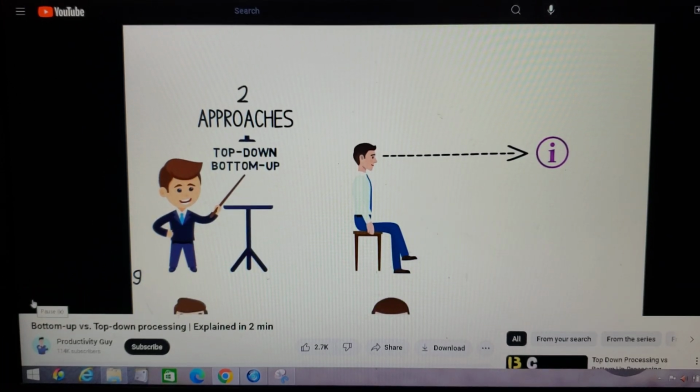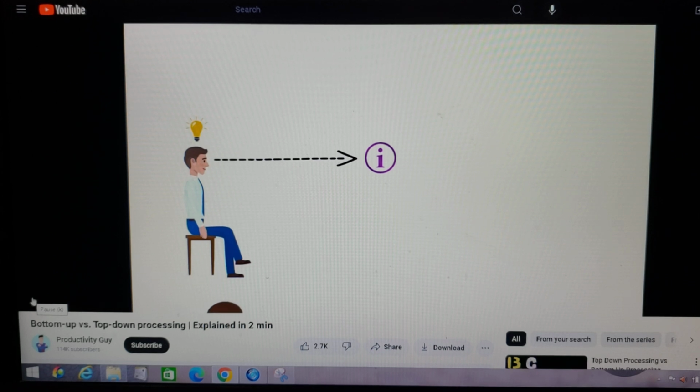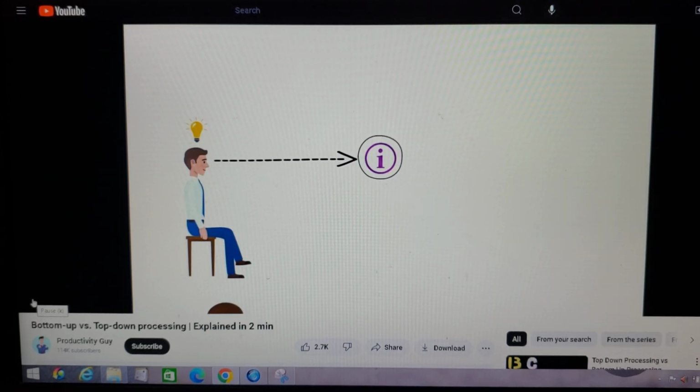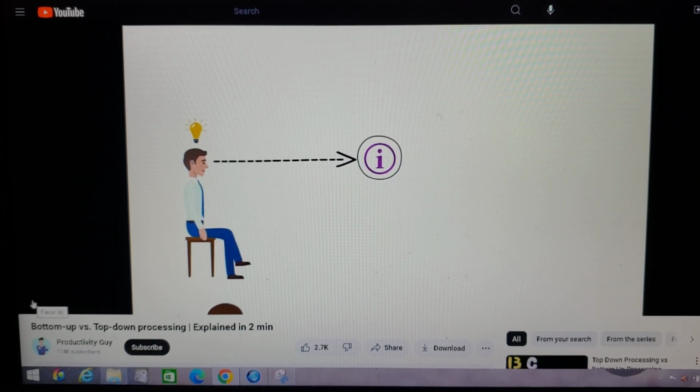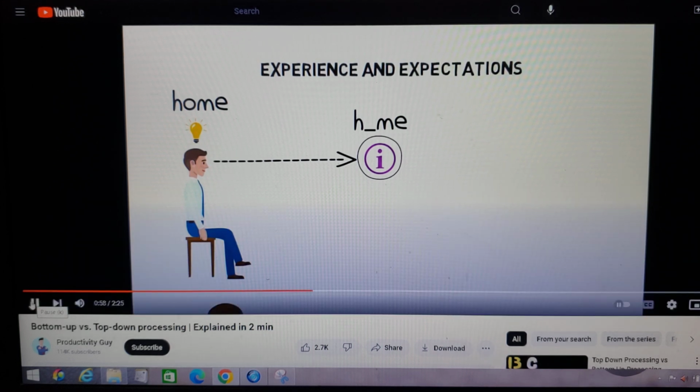When we utilize top-down processing, our ability to understand information is influenced by the context in which it appears. If I showed you these three letters, you could guess the entire word based on available information, as top-down processing uses previous experiences and expectations. Yeah, experiences and expectations.